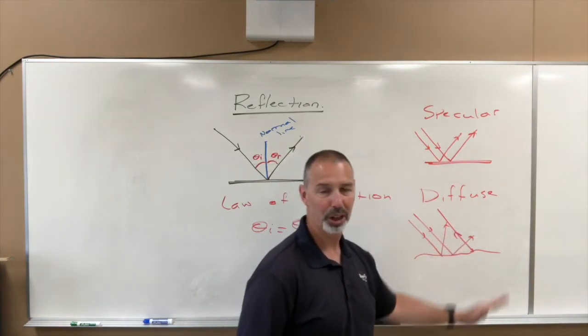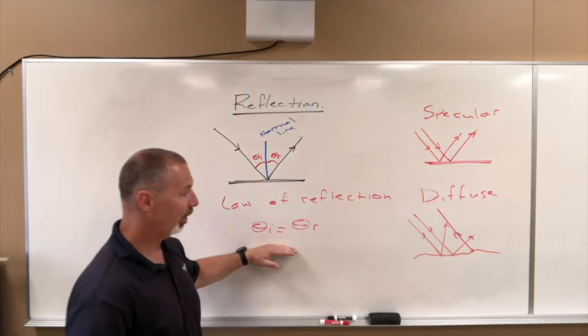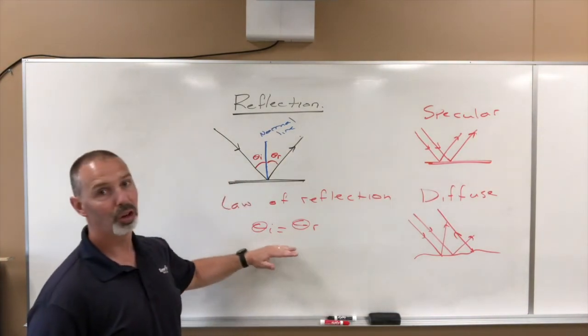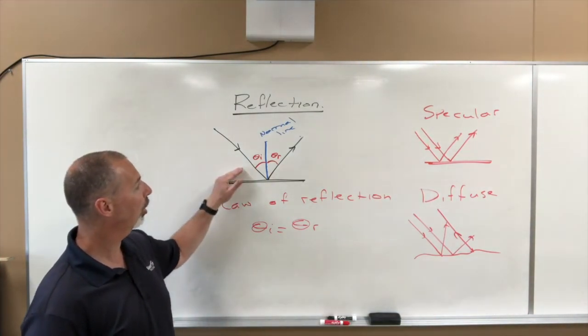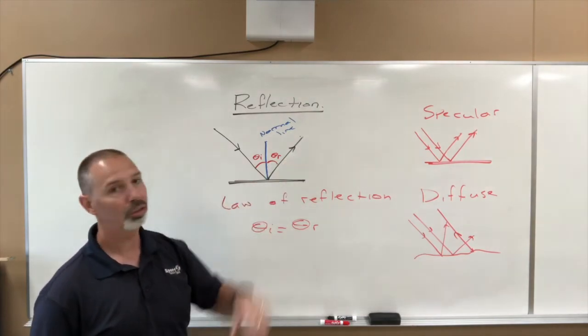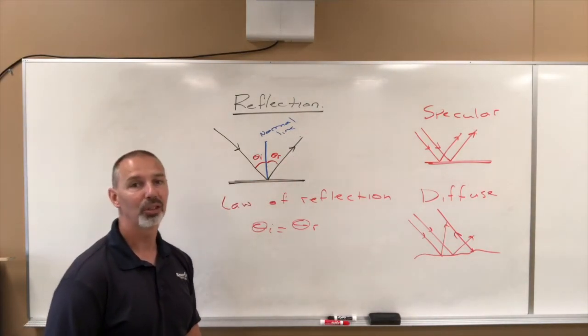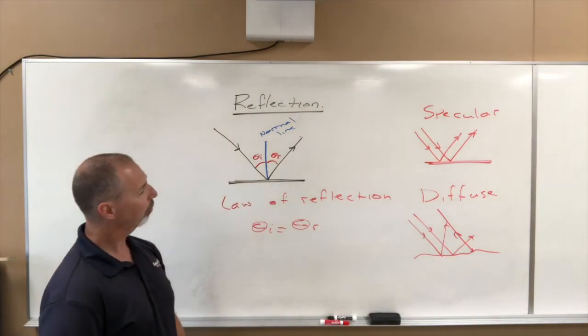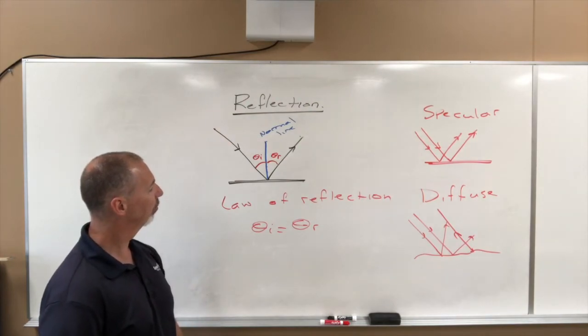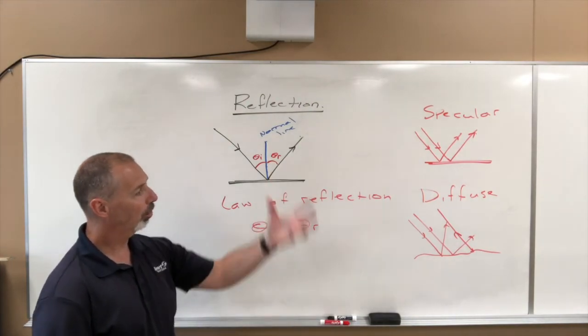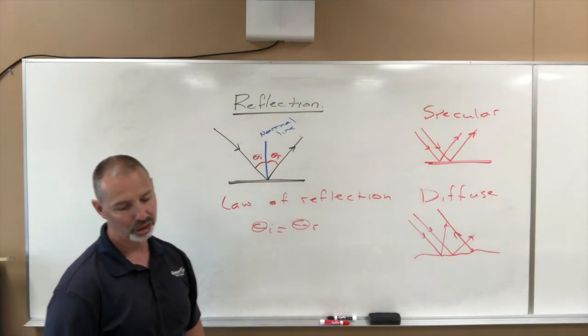They're in different directions, and still each of these rays is following this. Okay, so we have a normal line. The angle of the incident ray equals the angle of the reflected ray, and that's what we get. We have specular and diffuse reflections.